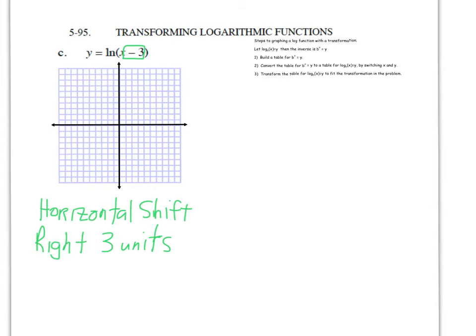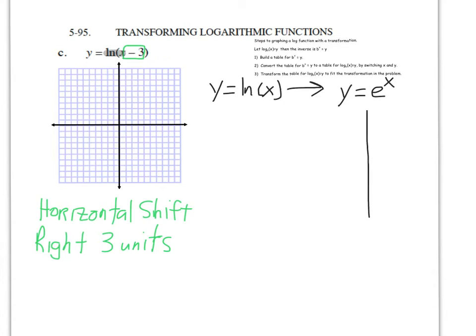My base function is just the ln of x. So let's write y equaling the ln of x. And its inverse equation is y equaling e to the x.